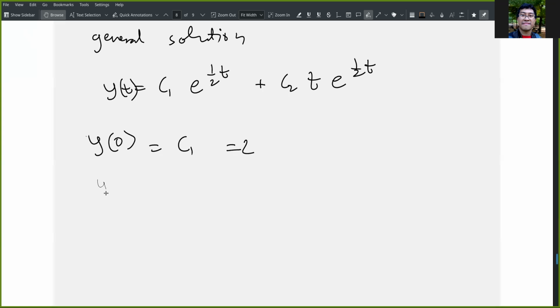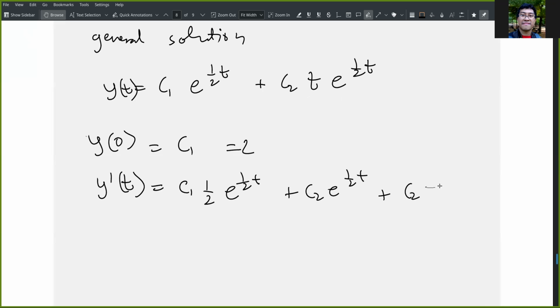Okay, so if you take the derivative y prime of t, that's simply c1 1 half e to the 1 half t plus c2 e to the 1 half t plus c2 t 1 half e to the 1 half t.